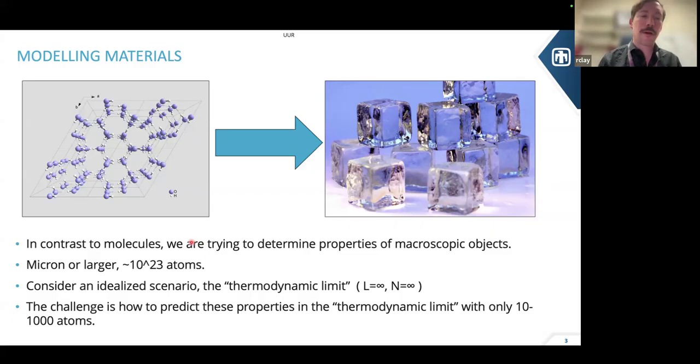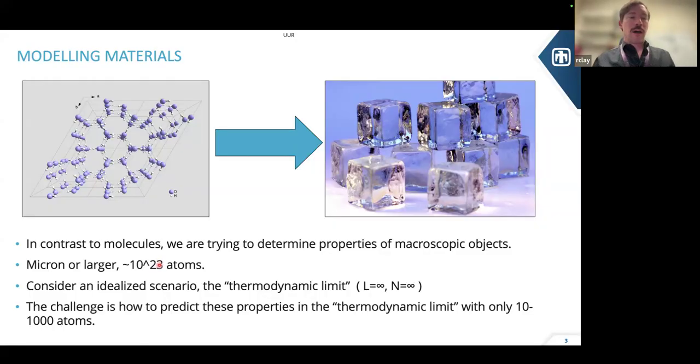When we start talking about materials, we're talking about trying to predict the properties of things that are order microns or larger. If you think of a grain boundary in a metal or something, and order 10 to the 23 atoms. This is orders and orders and orders of magnitude larger than even the largest molecular calculations you would probably think of.